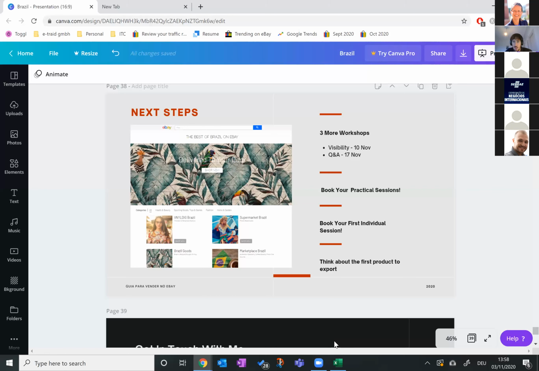Okay. Cynthia is asking, do we need to have a stock tracking software in order to sell on eBay? Yeah, great and relevant question. I see this going in steps, and we could talk about this in the individual session on how we handle stock management.